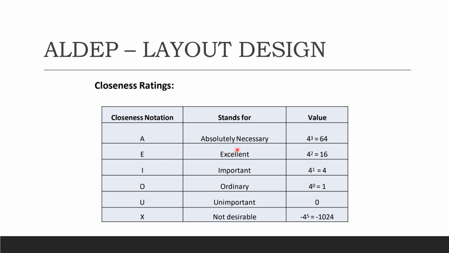E stands for excellent, that is 4 squared, equal to 16. I stands for important, O stands for ordinary, U stands for unimportant, and X stands for not desirable. These are the closeness ratings. I have given an introduction to the basic ALDEP layout design, and we'll move to the CORELAP layout.